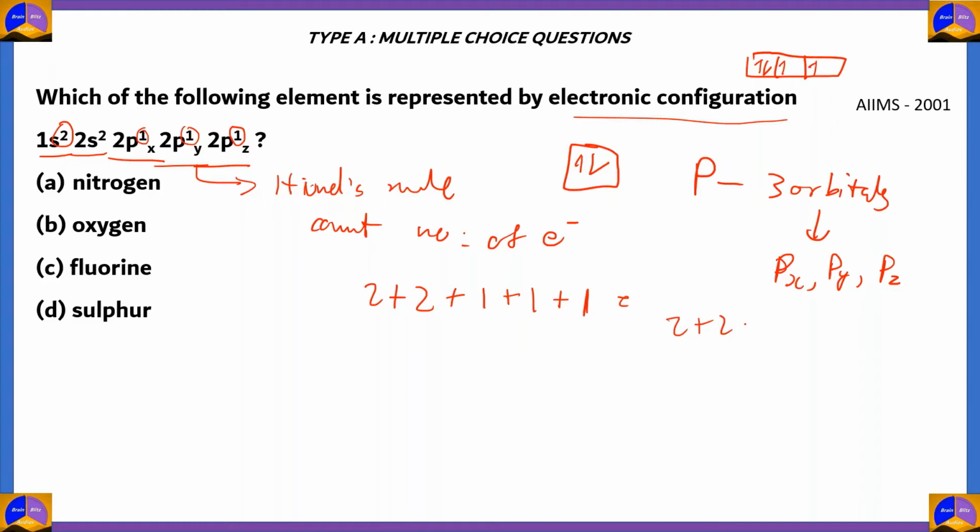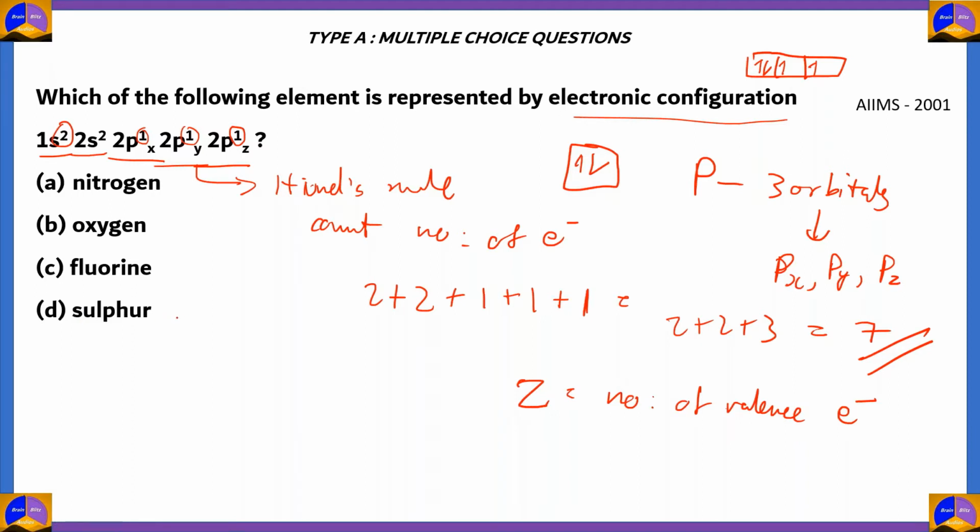So it is 2 plus 2 plus 3, which is equal to 7. So the number of electrons is 7. So since the atomic number Z is equal to the number of electrons, we just need to find out which of these has an atomic number of 7.